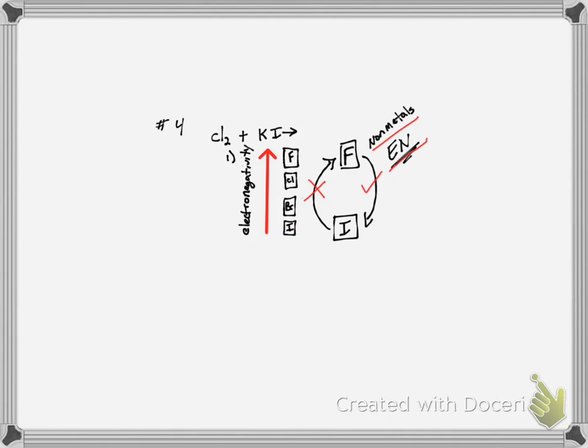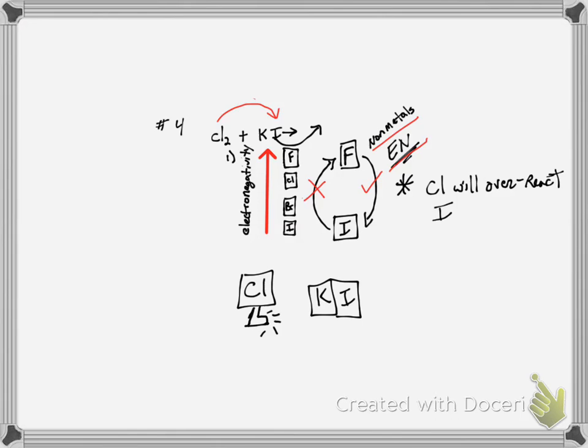With that being said, this chlorine will kick out the iodine. And the poor iodide will be left out by itself. To put that in other words, chlorine will overreact iodine. So here's chlorine with its boot, and it kicks out the iodine, and then bonding to the potassium.